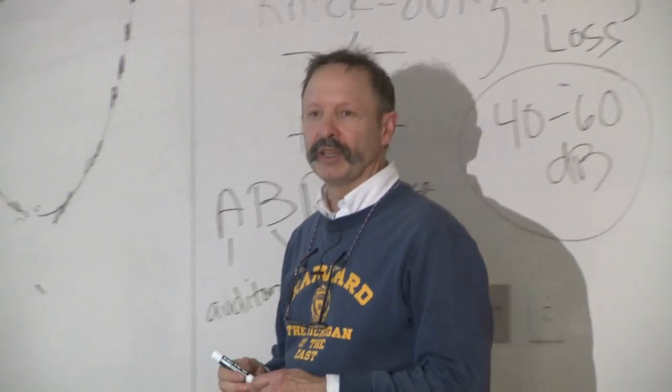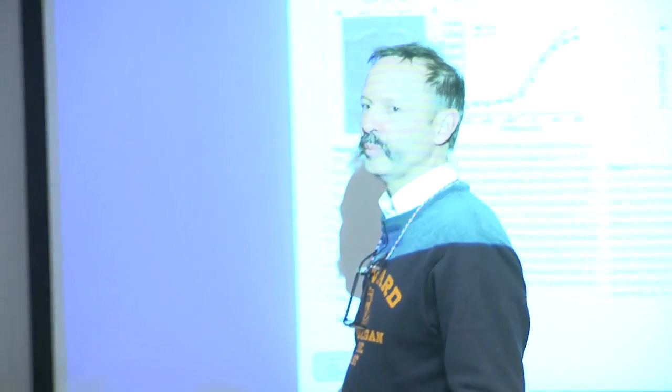How much amplification does the cochlear amplifier give you? 40 to 60 dB. You're not completely deaf without it, but you have a severe hearing loss. Most of you would not be able to understand what I'm saying with a 60 dB hearing loss unless you were sitting right up here in the front.